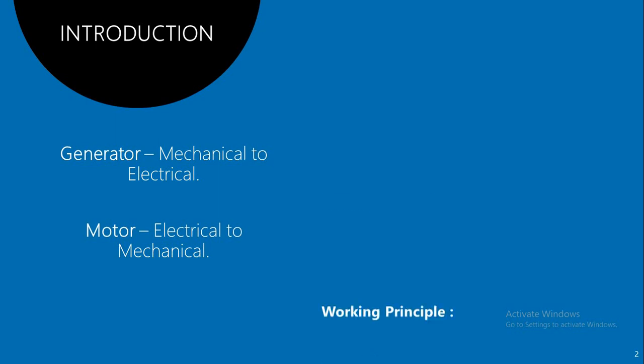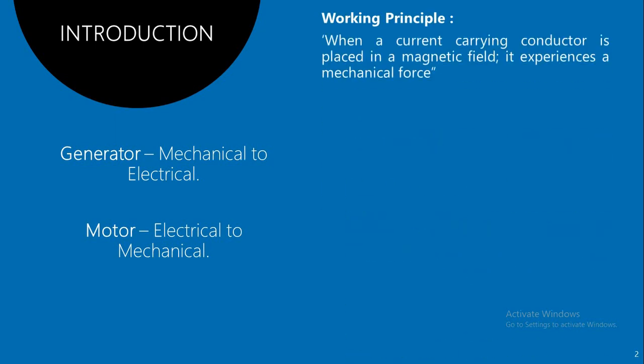Now we can go to the working principle of the DC motor, which states that when a current carrying conductor is placed in a magnetic field, it experiences a mechanical force.